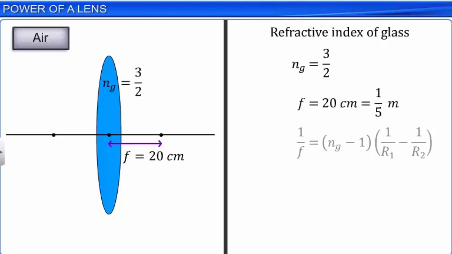Let the focal length be f dash when the lens is placed in water. Then, according to the lens maker's formula, 1/f dash is equal to (Ng/Nw minus 1) into (1/r1 minus 1/r2).